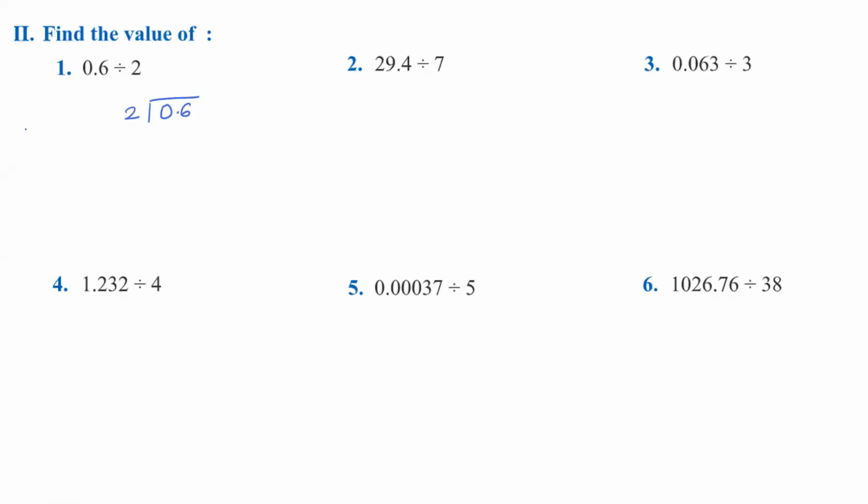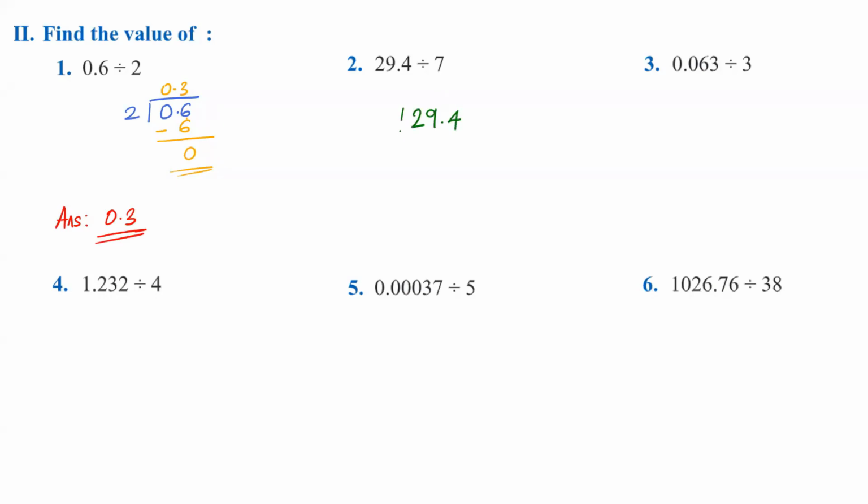Here the point comes, so we can directly put the point above as well. Then it is 6. Now 2 into 3 is 6. So I write 6. If I take the difference, there will be 0. So the answer will be 0.3. Now do the second question.